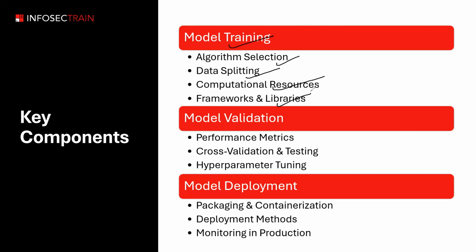So let's understand with an example. First of all, the model as a concept: what is a model? An AI model is like a recipe that a computer follows to make predictions. Let's say you go out to a restaurant to have some food.